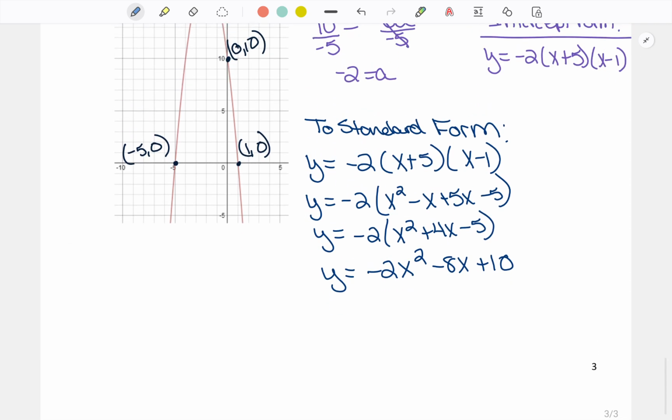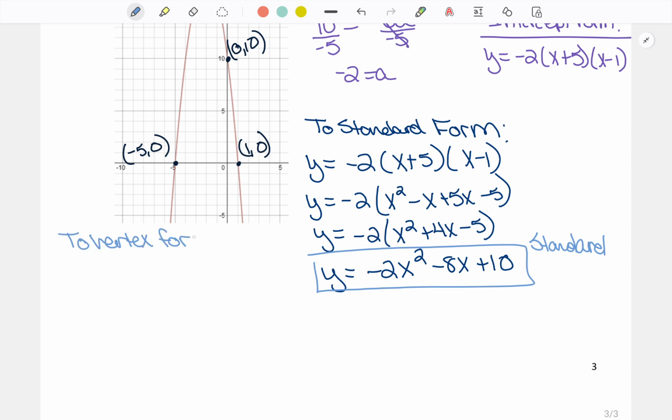So I'm going to take my standard form, and then I am going to go ahead and separate out some things.